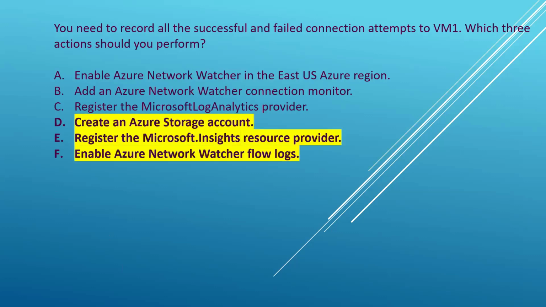And my friends, the correct answer here are option D, E, and F. You will create an Azure storage account, you will register the Microsoft.Insights resource provider, and you will enable Azure Network Watcher flow logs.